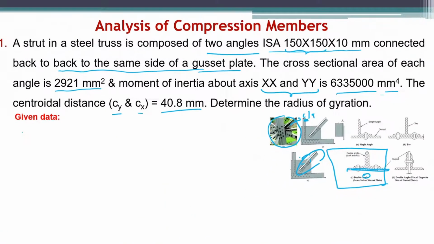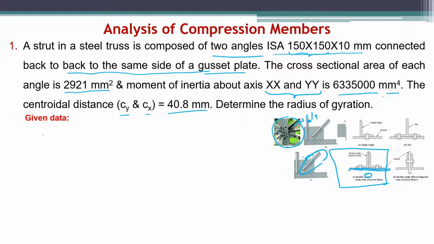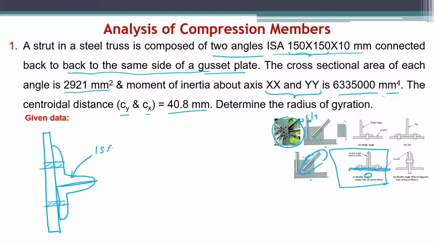Let's see the given data. See, we have a gusset plate, and angles connected back to back on the same side of the gusset plate. Now this angle is ISA 150 by 150 by 10 mm.